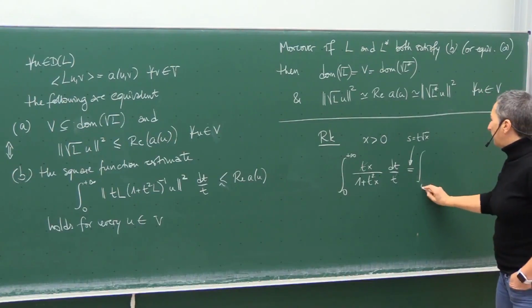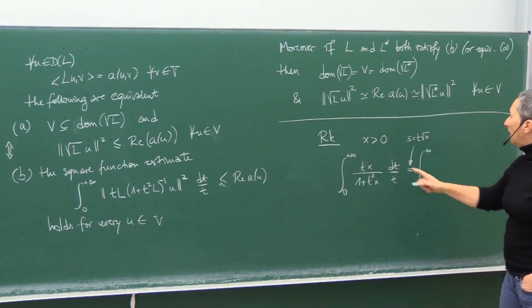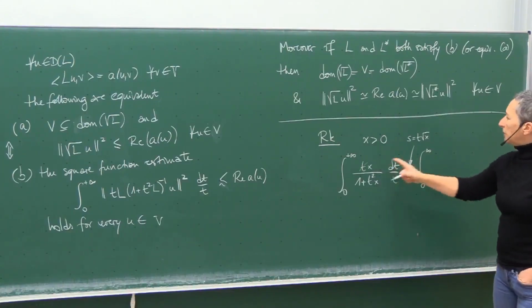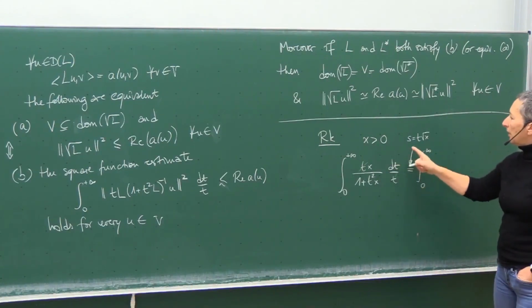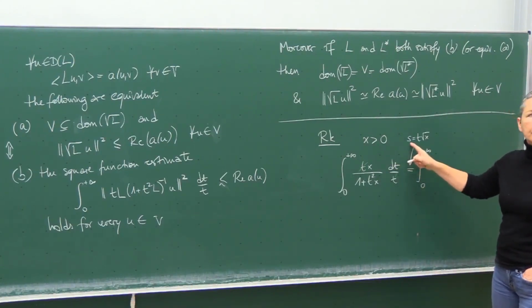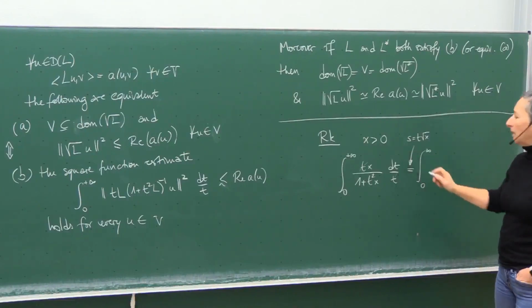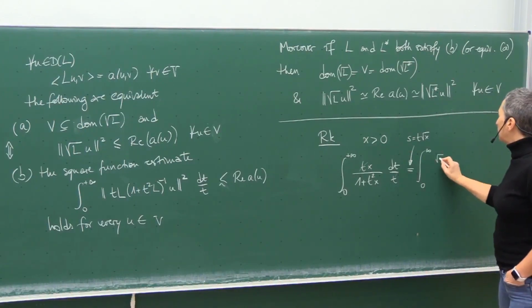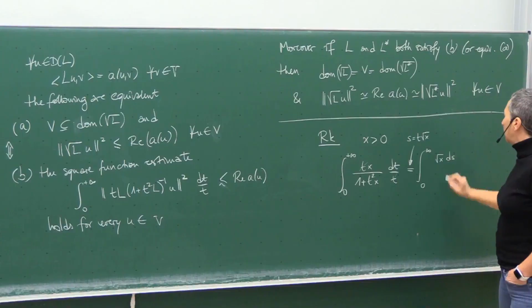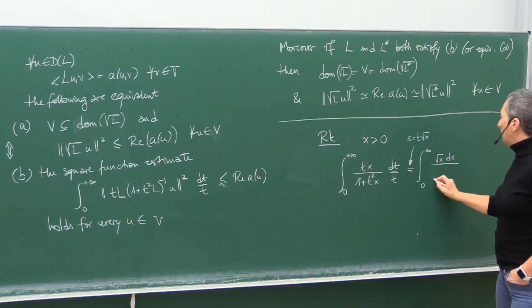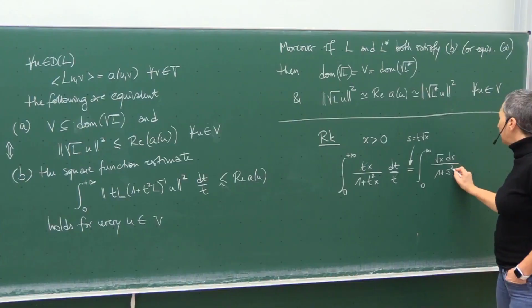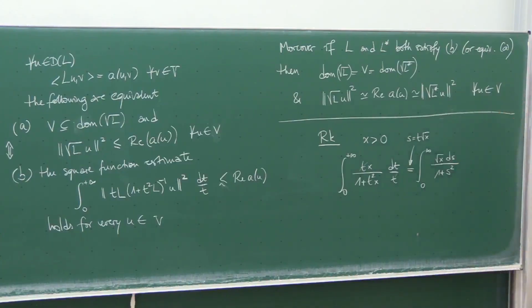Then you will have the integral from 0 to infinity. So there's a square root of s going with the ds, so you still have a square root of s, and ds over 1 plus s squared, right?